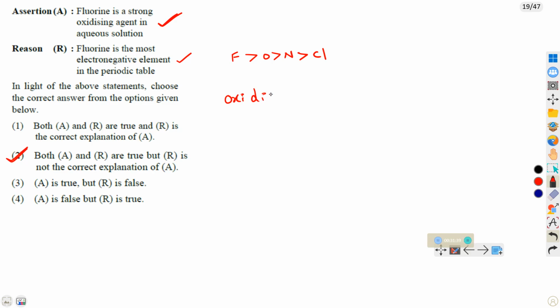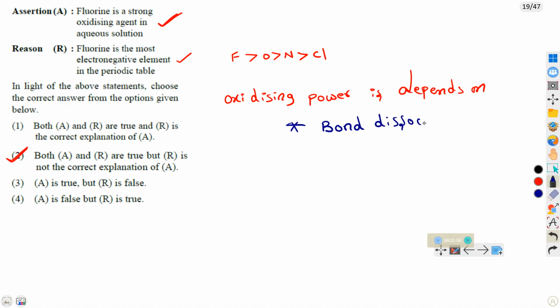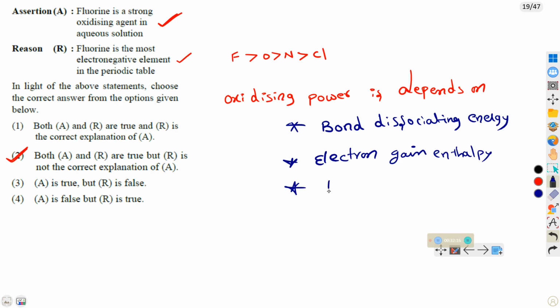Oxidizing power depends on bond dissociation energy, electron gain enthalpy, hydration enthalpy.